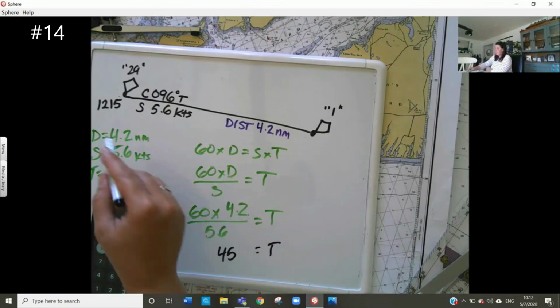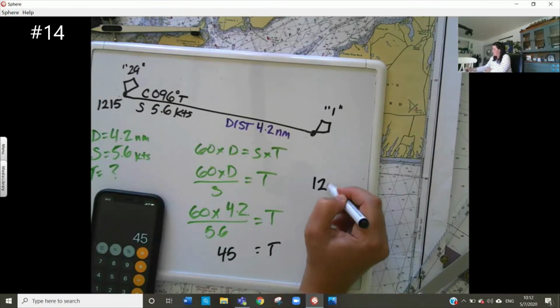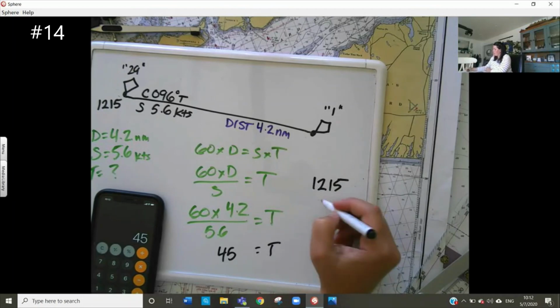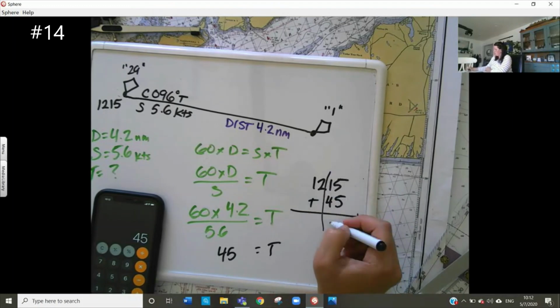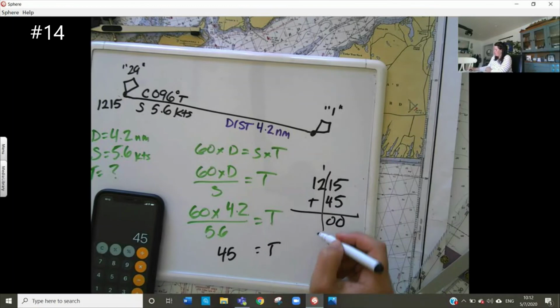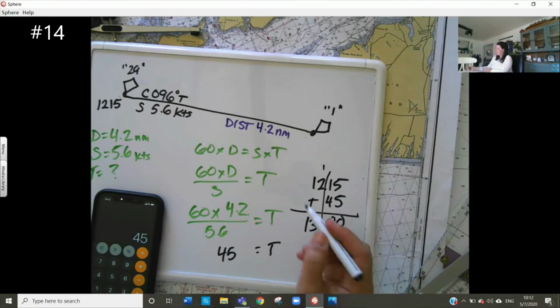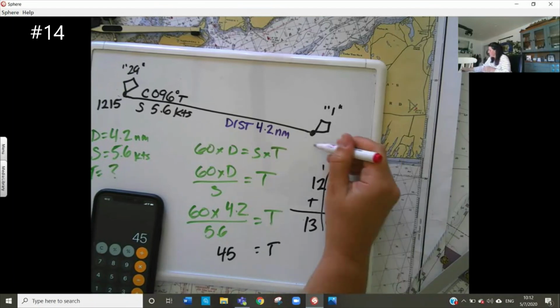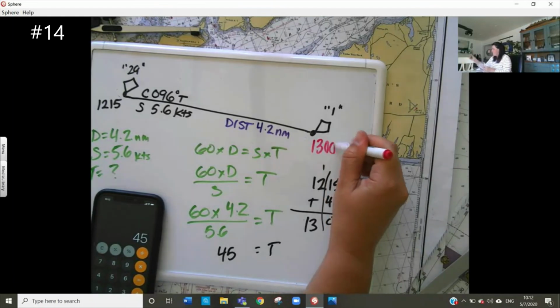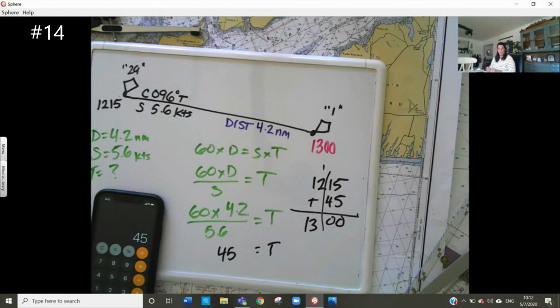So if I left here at 12:15 and I have 45 minutes as my transit time, my ETA would be 0, 0, carry the 1, and my ETA would be 1300 to buoy 1.